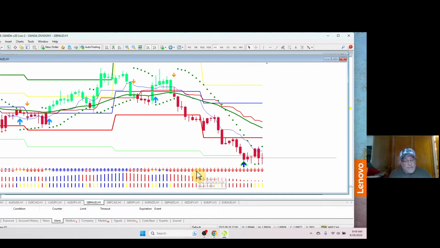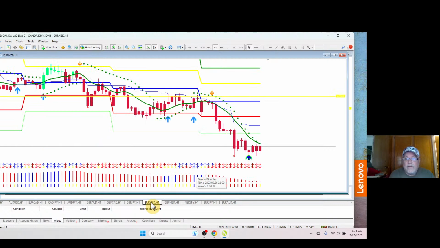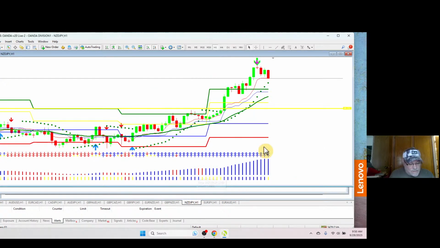Come on, Aussie! Euro New Zealand. Alright, we might be able to move the stop up on this to break even on the Euro New Zealand. See the New Zealand yen is still coming down.